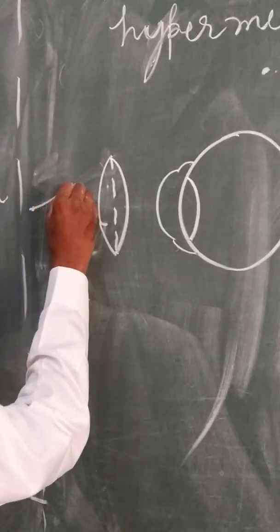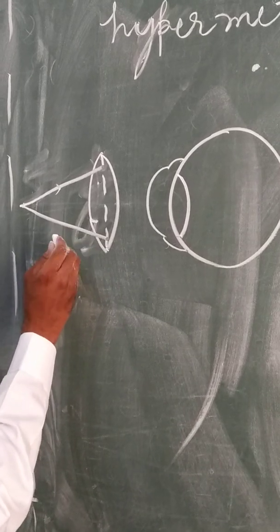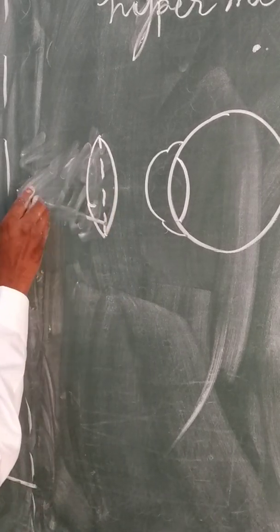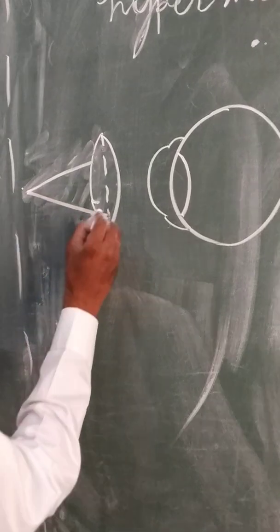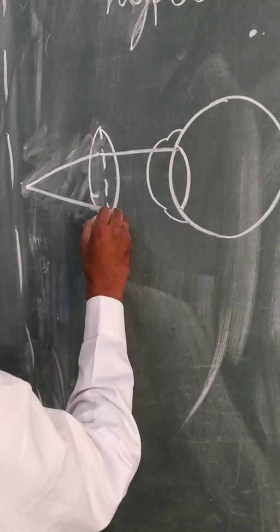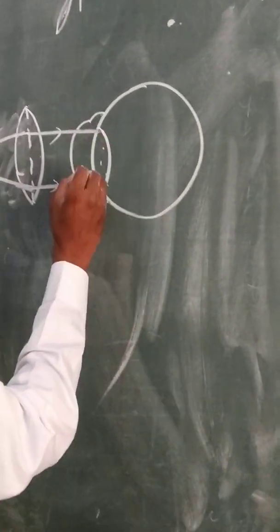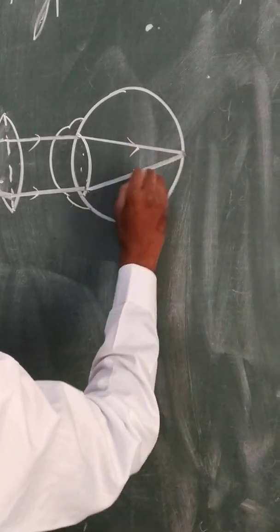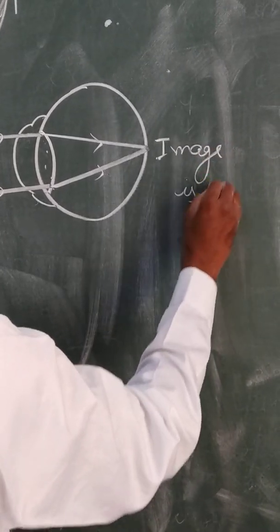First, the light rays are incident on the convex lens, and after refraction these are incident on the eye lens and then focused on the retina, where the image is formed.